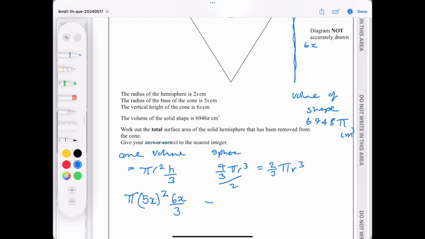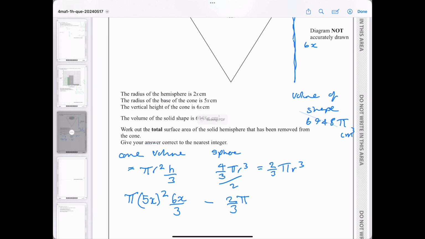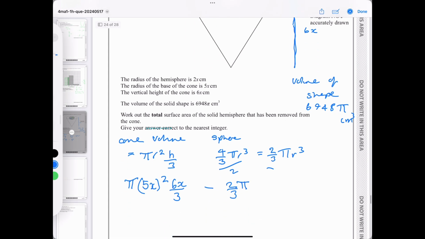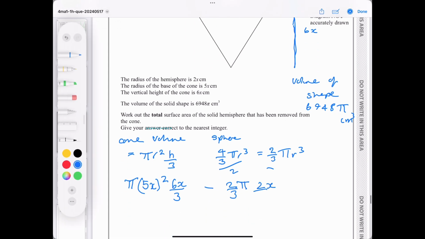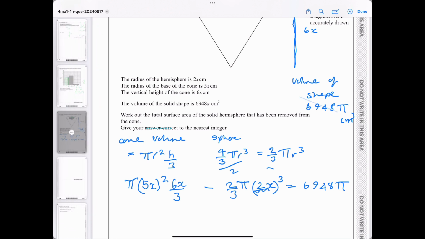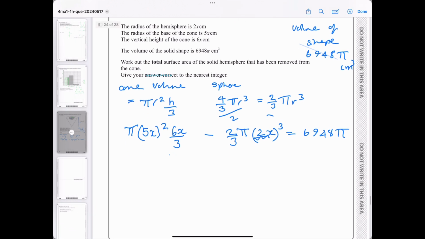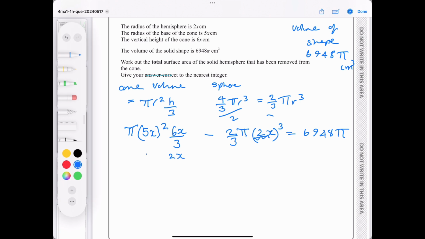Then we're going to minus the hemisphere, which is 2/3 pi, and then that's (2x) cubed, just make sure you do that there, equals 6948 pi. Okay, so let's make that 2x cubed, and this 25x squared.